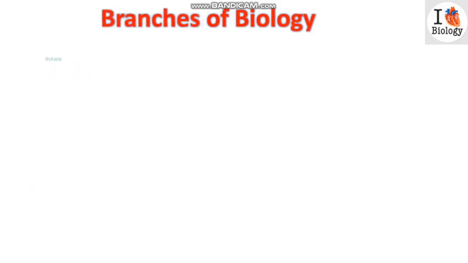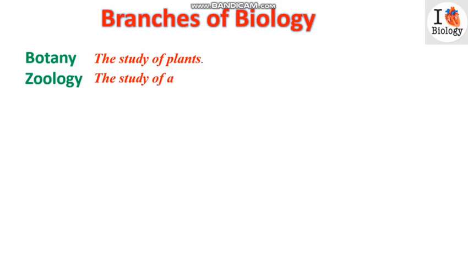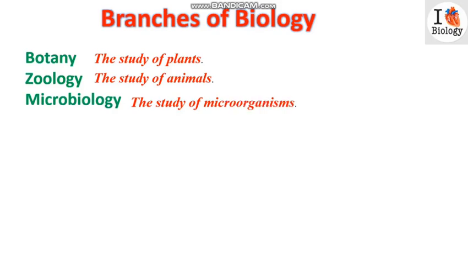We now look at another branch of biology. We have botany. Botany is the study of plants. We also have another branch of biology, which is zoology. Zoology is the study of animals. We also have microbiology. Microbiology is the study of microorganisms. We also have genetics. Genetics is the study of heredity.